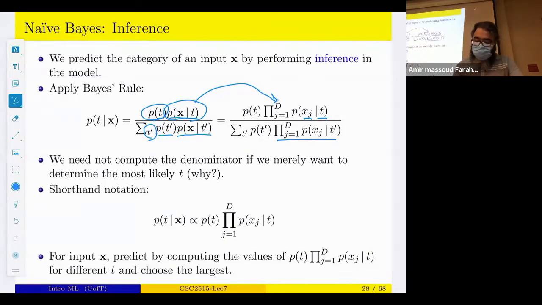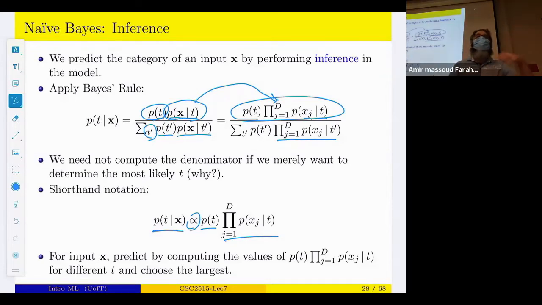So if we have just the numerator here, that would be enough. We can write P of T conditional on X as proportional to P of T times the conditional probabilities. This proportional symbol says we ignore the denominator because it doesn't matter for our calculation. It would be constant.